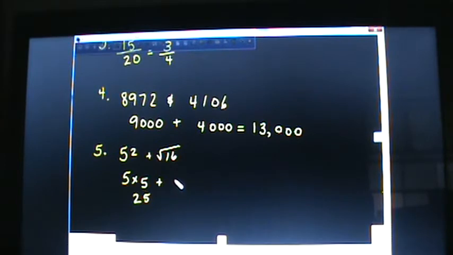Okay, so 4 times 4 equals 16. So 25 plus 4 equals 29. Okay, so 5 squared plus the square root of 16 equals 29.